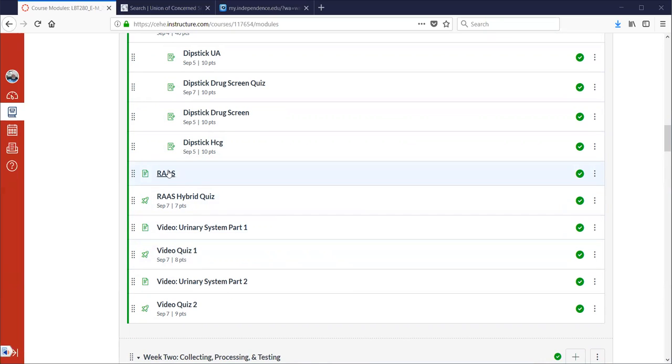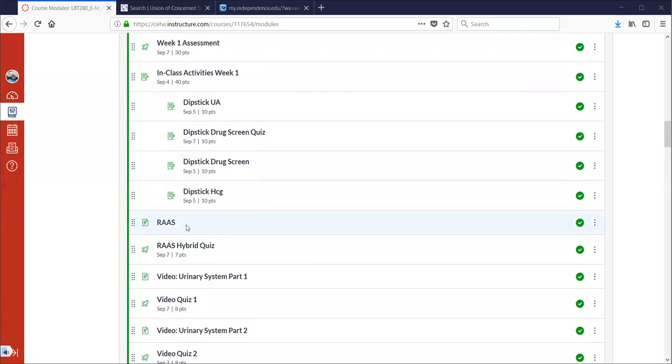There will also be a video on the renin, angiotensin, aldosterone system, which is an important part of the hormonal system that is governed in the urinary system, specifically in the kidneys, involved in regulation of blood pressure. So you'll do that online, offline as well.